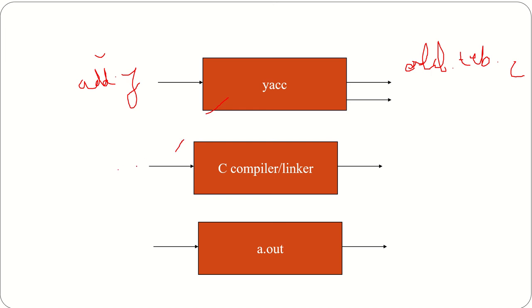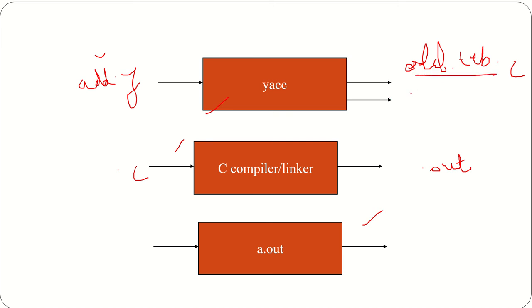Here the .c file will be given and a.out will be generated, which is an executable similar to the Lex a.out file. Here you can give input and it will generate the syntax tree.